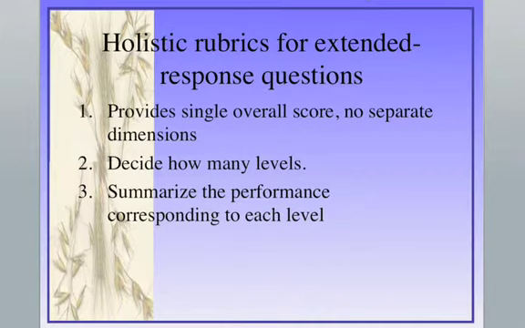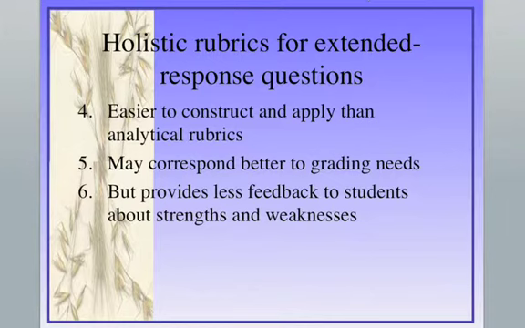We have a variety of different kinds of information that are presented. So we have this sort of collection of different qualities that all come together, and then we put rating categories based on how well each one of those things is done. It's easier to construct and apply than analytic rubrics, and it may correspond better to grading needs, I think. It provides less feedback to students about their strengths and weaknesses.